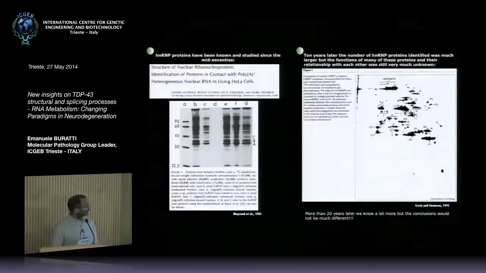The reason all these proteins are now known as hnRNP A, B, and C is that, with the limited technical resources available at the time, the first way people tried to differentiate them from each other was to run very simple and basic SDS-PAGE gels and simply name the proteins that were more abundant in alphabetical order. Luckily enough, they didn't run out of letters before finding all the members.